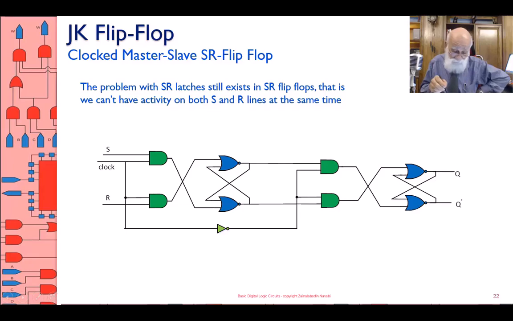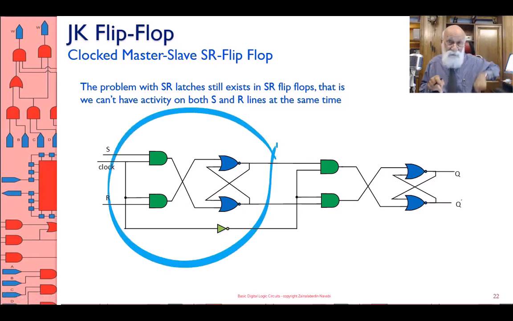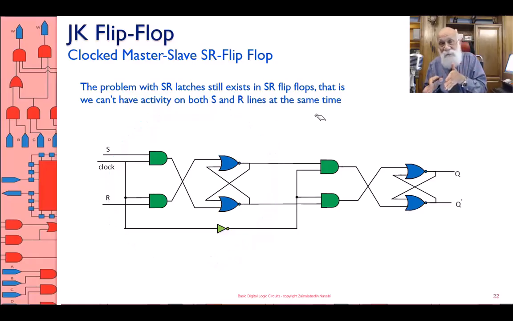Remember, first what we had was the transparent SR, which is only this part here, and so that has the transparency problem. Now that it is master slave, okay, fine. It doesn't have the transparency problem, and then we have the SR, but then there is a problem. Since we have removed that inverter, there is a possibility of S and R being one simultaneously.